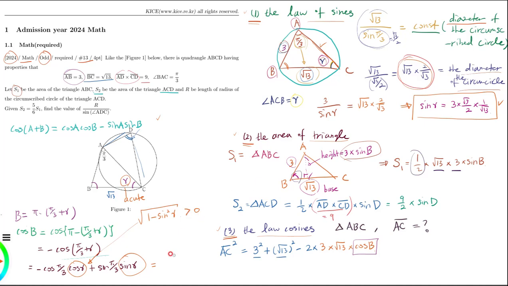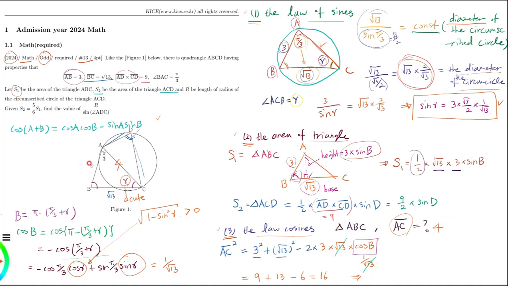If you compute this one, you will get 1 over square root of 13 here, square root of 13, so they are canceled out, and the value of the length of side AC square is 9 plus 13 minus 6, which is 16. So the length of side AC will be 4 here.